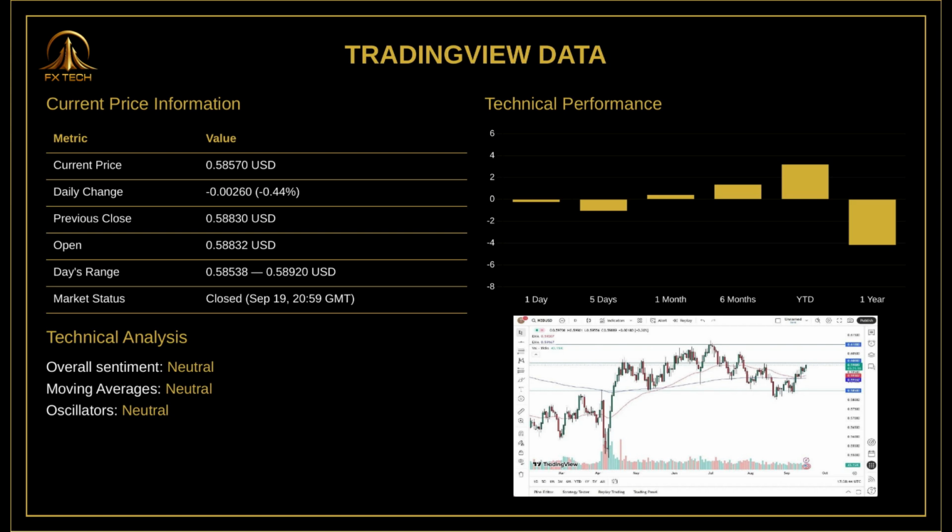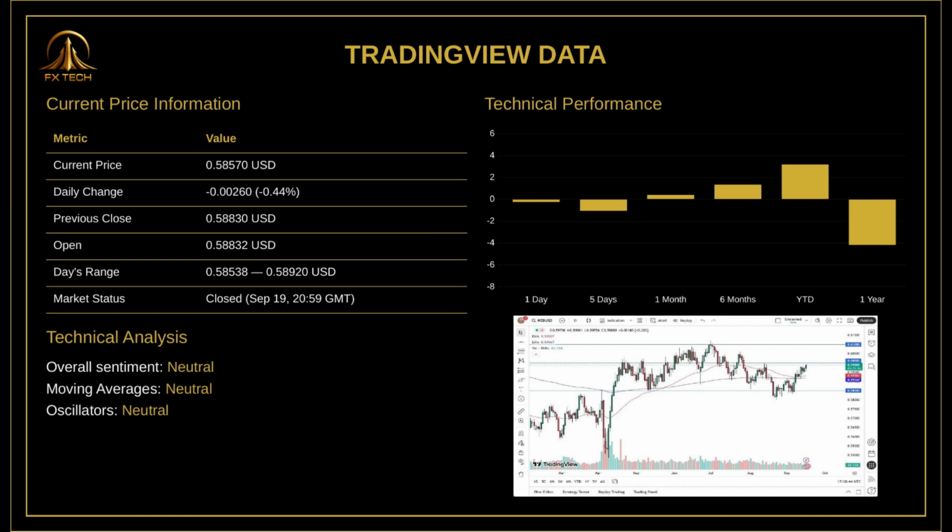The monthly performance is positive at 0.67%, with a 6-month gain of 2.05% and a year-to-date increase of 4.71%. However, it's worth noting that the one-year performance remains negative at minus 6.13%, indicating that despite recent gains, the New Zealand dollar has lost significant ground against the US dollar over the past year.